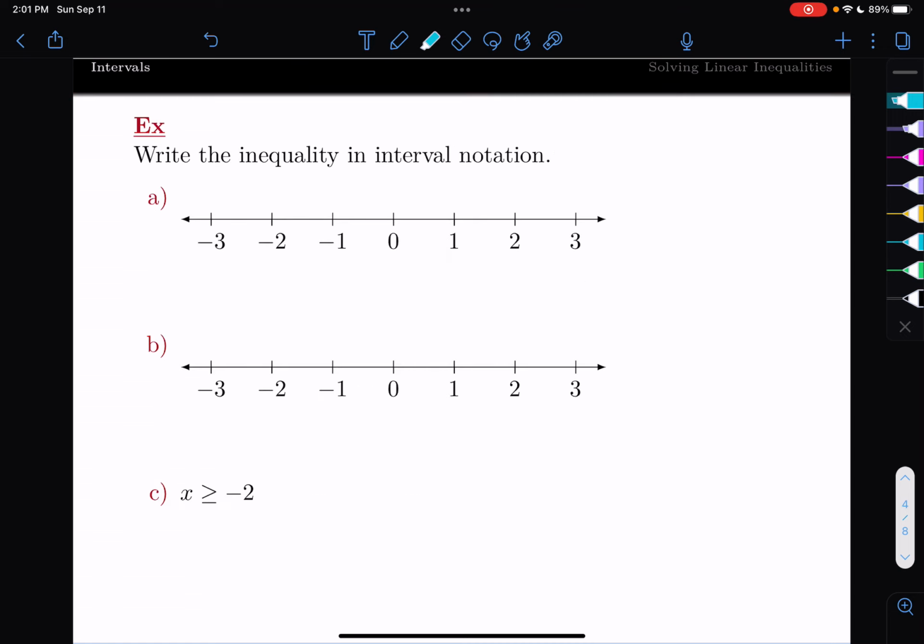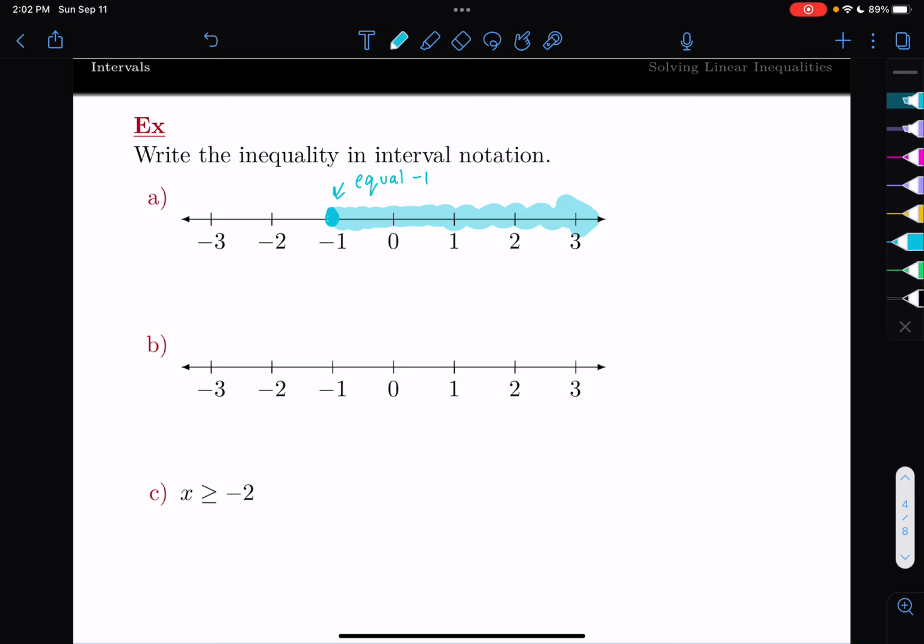Okay. So let's get some practice. We're going to go through just a couple different versions of intervals, and we want to ultimately write this in interval notation. So the very first example has a closed circle at -1, and then we continue forever in the right direction. So this means we can actually equal -1.